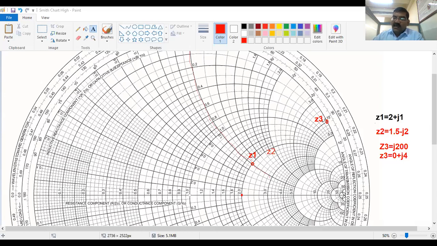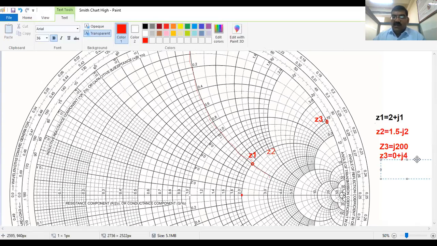In the Z4, you can go. What is the Z4? Now Z4 is only the real part. So any real part I can take. So I have taken the real part equals to 150. So capital Z4 equals to 150.